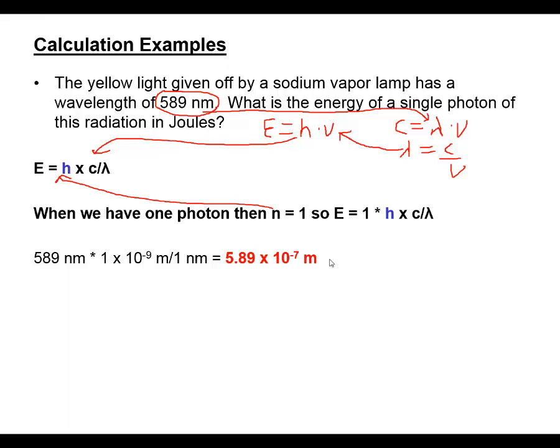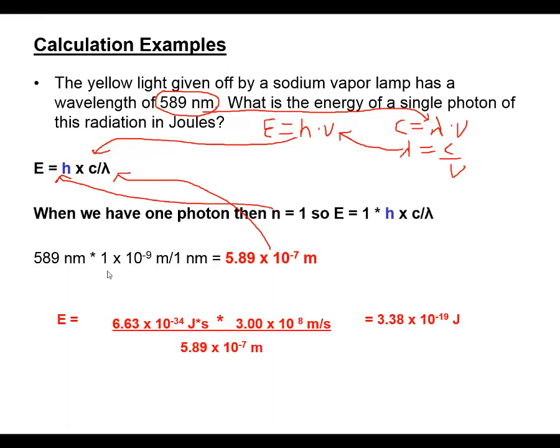Now I can solve for my energy by plugging the wavelength in meters in for the Greek letter lambda here. My energy is going to be Planck's constant. I'm giving you Planck's constant here as 6.63 times 10 to the negative 34th joules times seconds. So we're going to solve for energy in joules here.